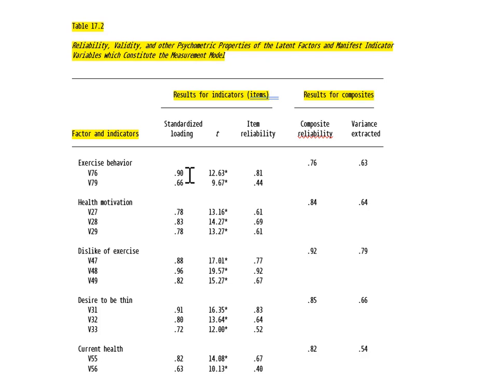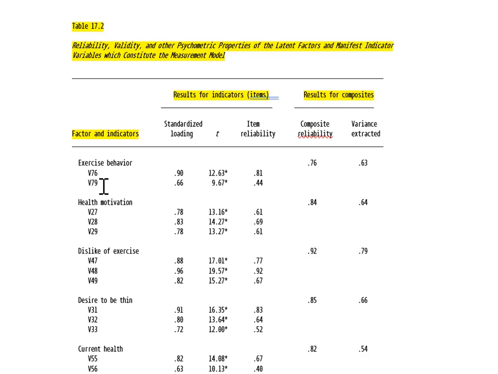But what about reliability? To convert that into a reliability coefficient, you square it. Standardized loading of 0.90, if you square it, 0.90 times 0.90 is 0.81. So the item reliability for item 76 as a measure of exercise behavior is 0.81.